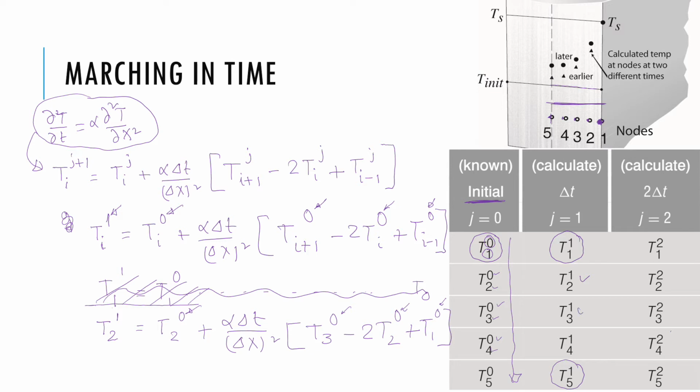So with that, we can solve for all the interior points, and then we just repeat this entire process to get to the next one. And we keep going. That is called marching in time. So we now have these temperatures at the discrete locations at any time, and using those values at one time, I can calculate at a later time what the values are at the same place.